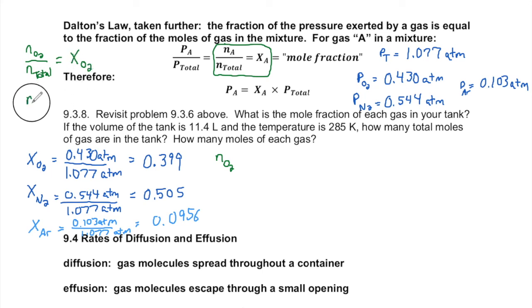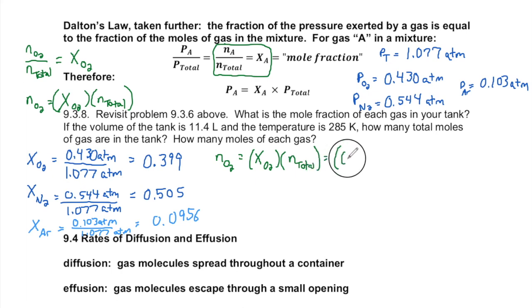So if you want to find out the moles of oxygen, we would take the fraction of oxygen and multiply it times the total moles. So the moles of oxygen are the fraction of oxygen times the total moles, and that is 0.399. And now we just need to find the total number of moles in the tank.